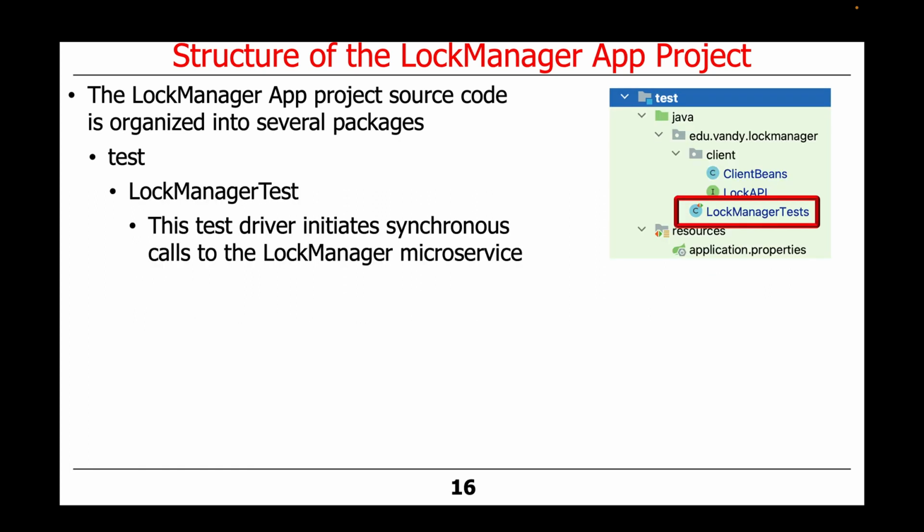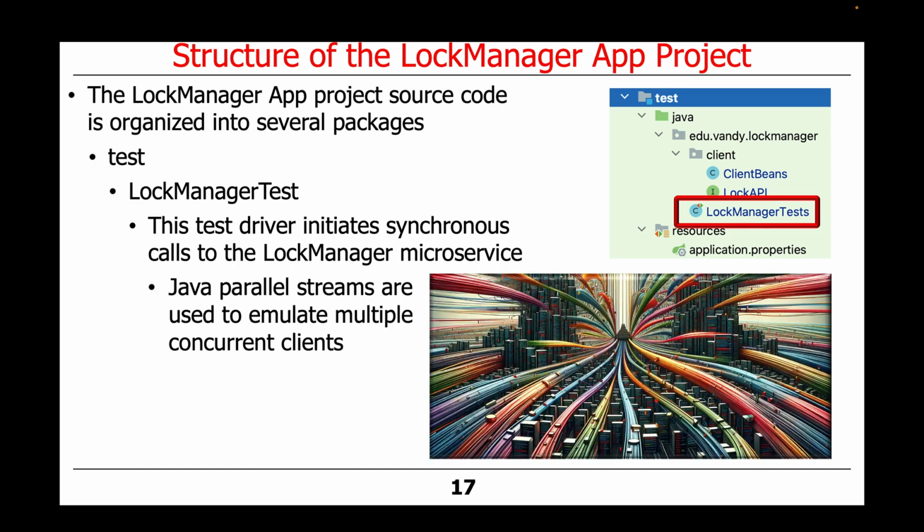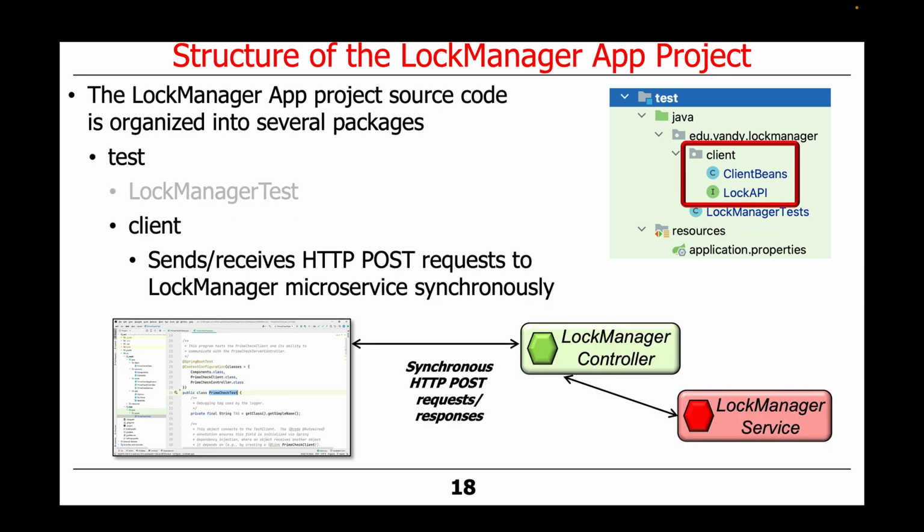There's also the client side, which is nested in the test portion of the package, and this includes the LockManager test, which is a test driver that initiates synchronous calls to the LockManager microservice. We use Java parallel streams in the LockManager test file in order to emulate multiple concurrent clients sending and receiving requests to the server to acquire and release the locks.